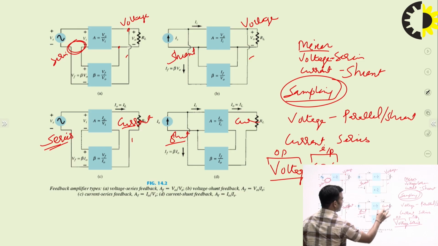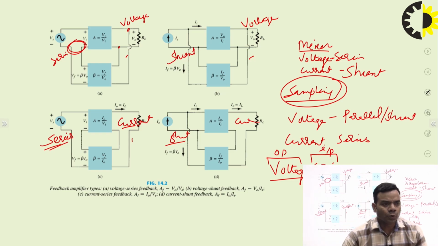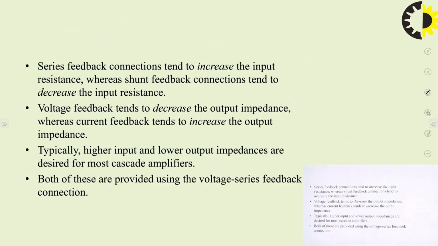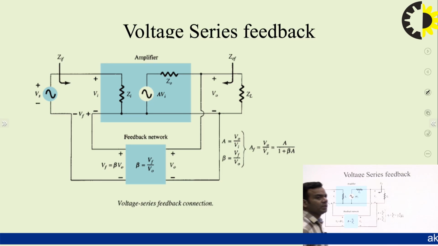So its name will be current shunt feedback amplifier. So this is a very easy way to remember these names and their diagrams. Now let us discuss these one by one.